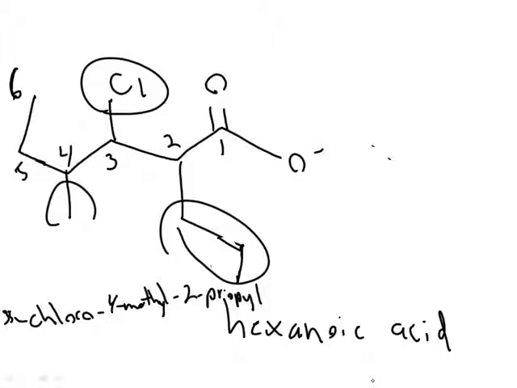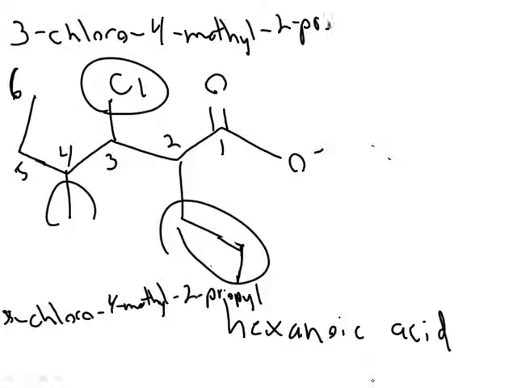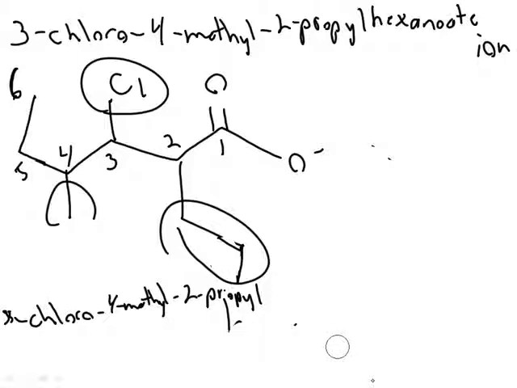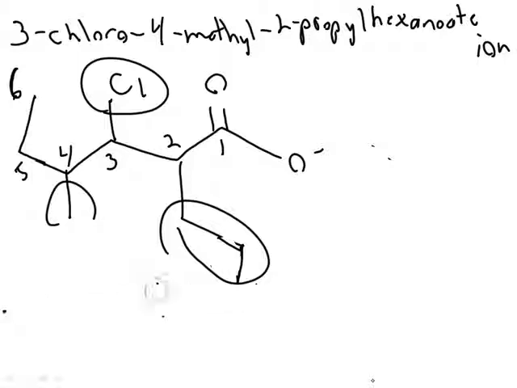It becomes 3-chloro, 4-methyl, 2-propyl, and the ending becomes hexanoate ion, as opposed to hexanoic acid. So this is 3-chloro, 4-methyl, 2-propyl hexanoate ion. So it's named in exactly the same way.